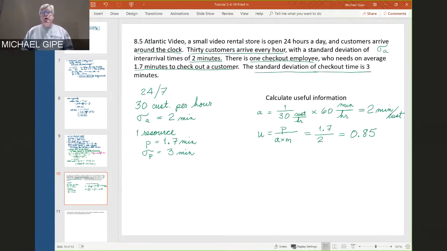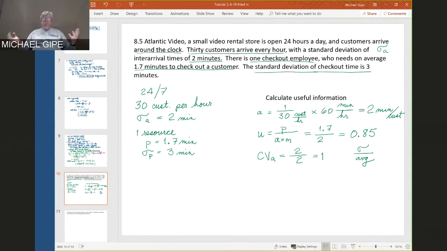And we know we're going to need the coefficient of variation for each of these. So CV of A, no surprise there. 2 divided by 2, that's 1. And of course, that's standard deviation divided by average.